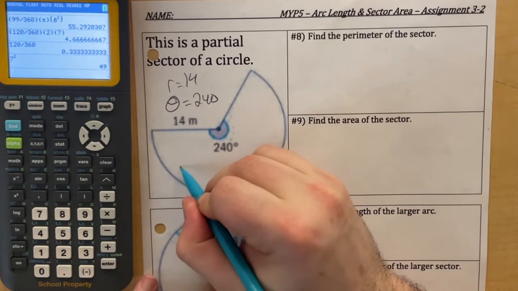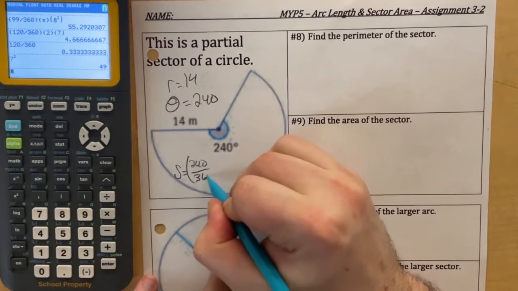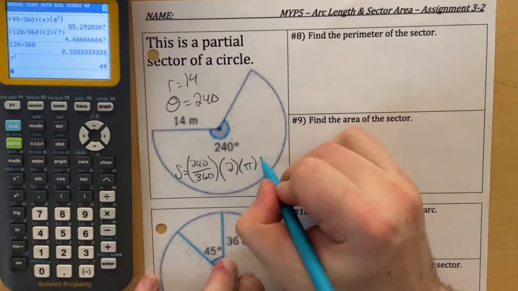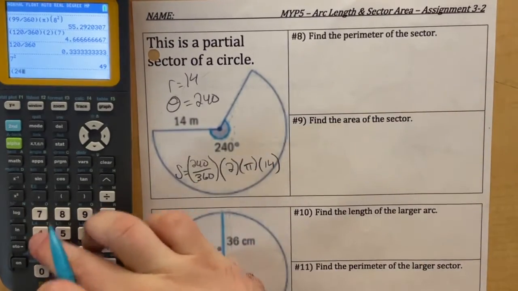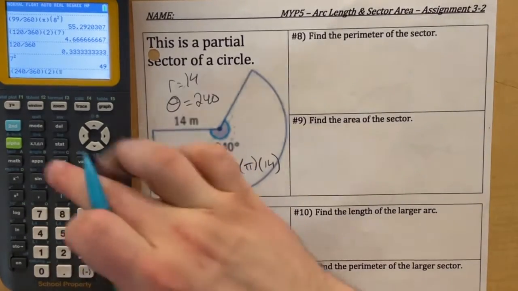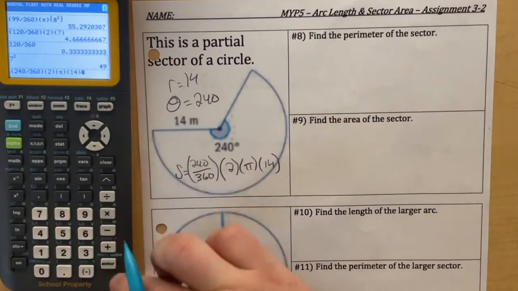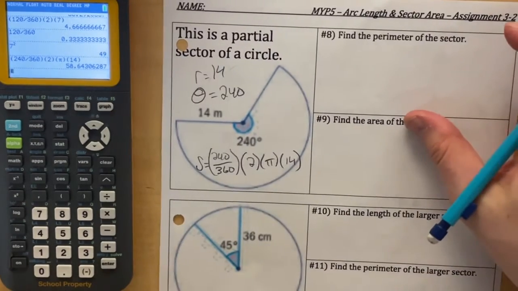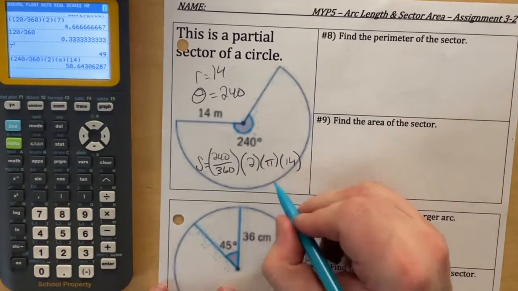So we have arc length S is going to be 240 over 360 times 2 times pi times the radius, which is 14. So this one I can type in because we are calculating it. So I have 240 over 360 times 2 times pi times the radius, which is 14. So it's going to be about 58.65, but if you notice, hey, that's not my answer. This is just going to be that arc length.